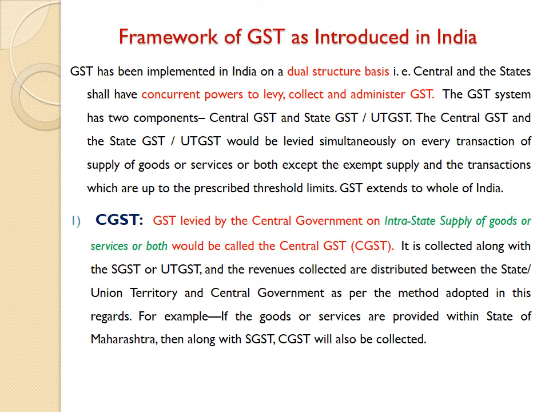The central GST and state GST or union territory GST would be levied simultaneously on every transaction of supply of goods or services or both, except the supply and transactions which are up to the prescribed threshold limits. GST extends to the whole of India. GST is applicable to the whole of India.